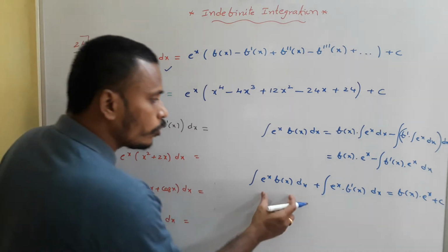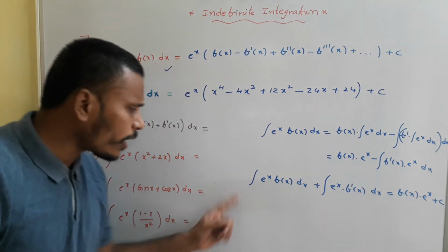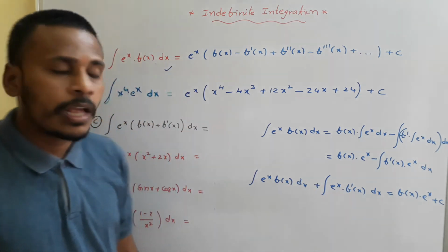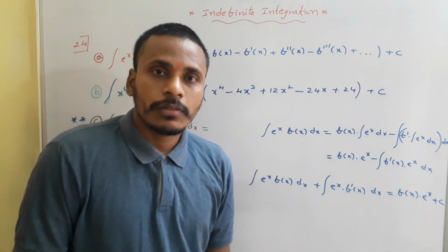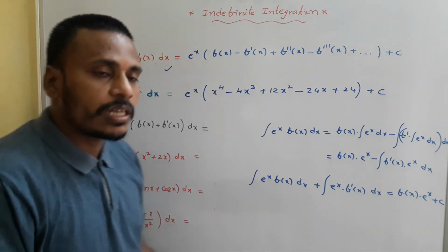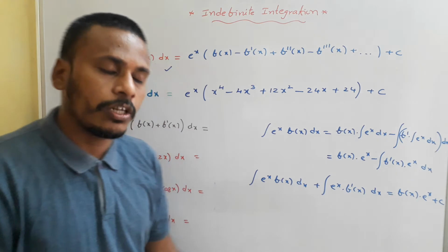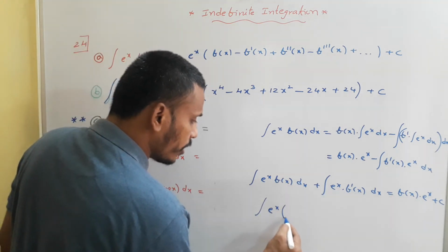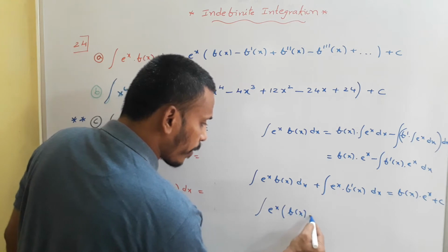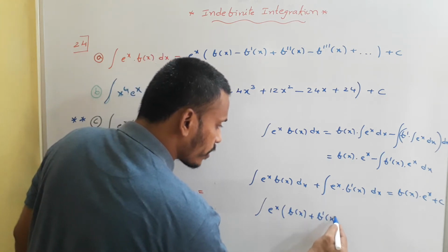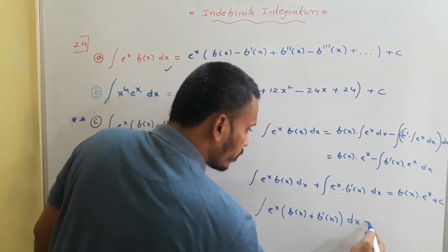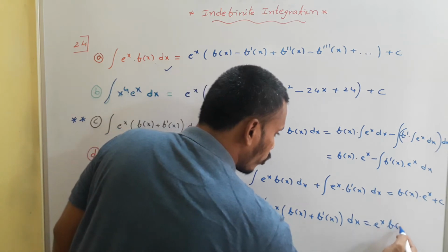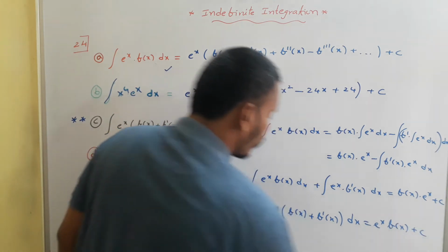And now when you observe these two, integral of e power x is a common thing. As we learnt algebra of integration, since integration is just summation, it is easy to combine these two. Then this is integral e power x into f of x plus f dash of x dx is equal to e power x into f of x plus c.